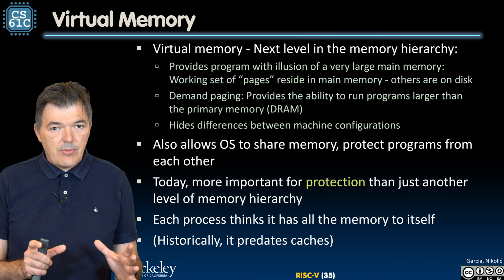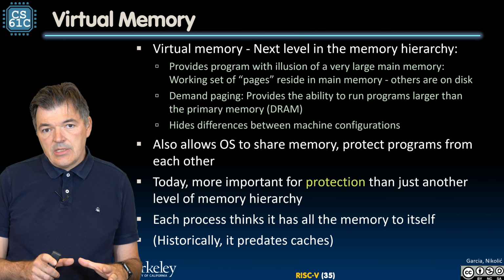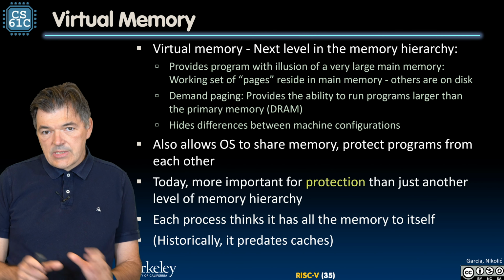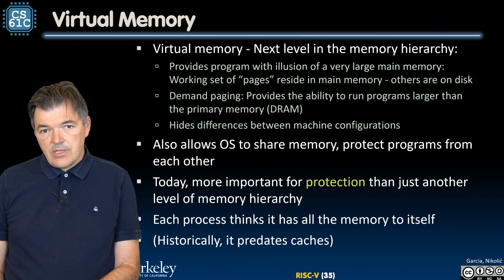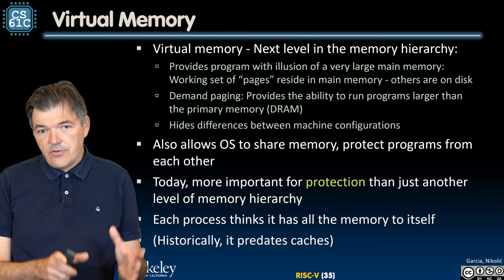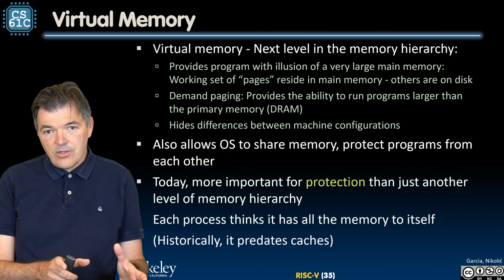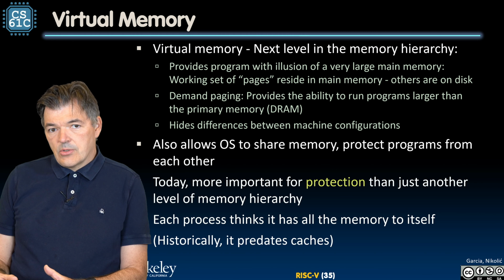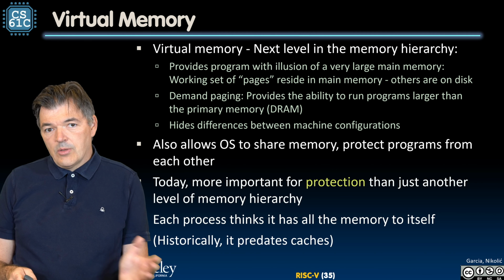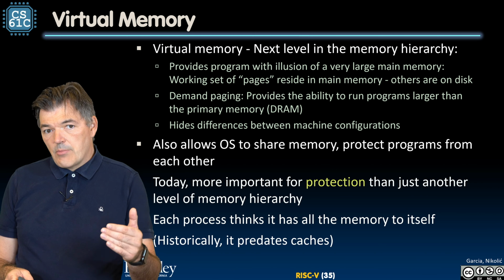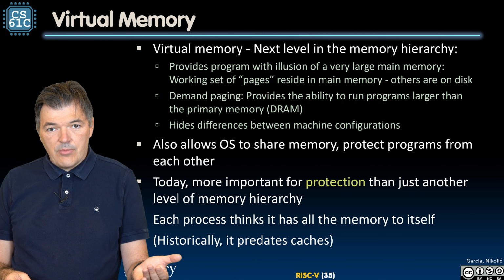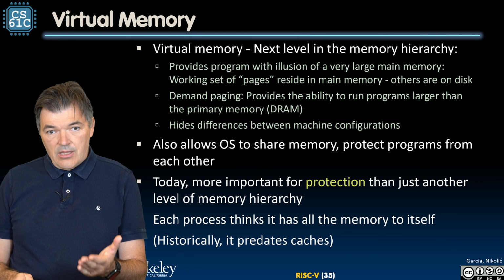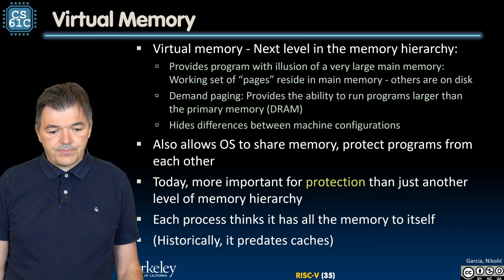These pages of memory will reside either in DRAM, but some of them will be put on a disk. Those that are more active, more recently used, are going to be in the memory. Those that are not used so much or haven't been used in a while will be put on a disk. Remember, our DRAM, our main memory, is a lot faster than the disk.